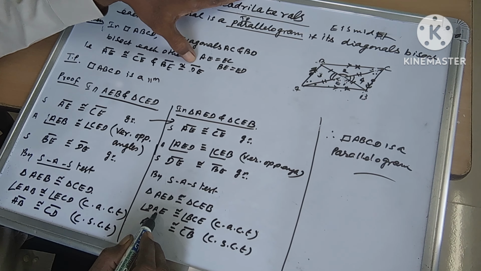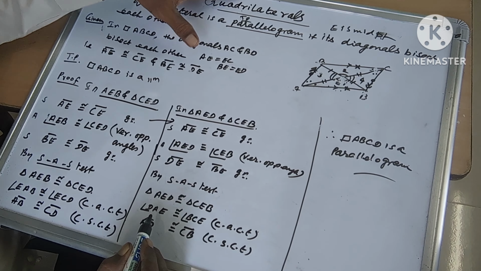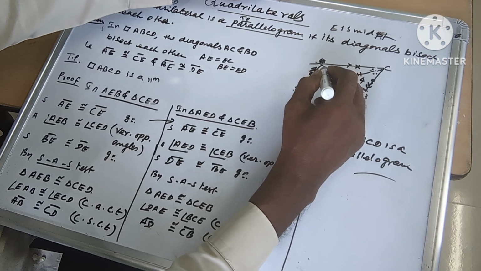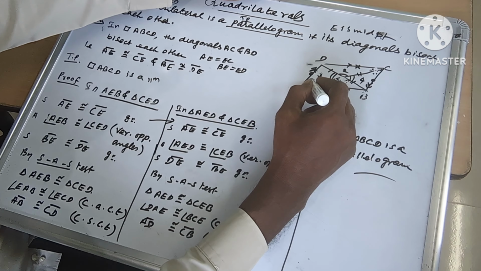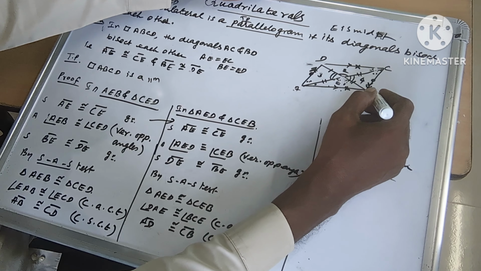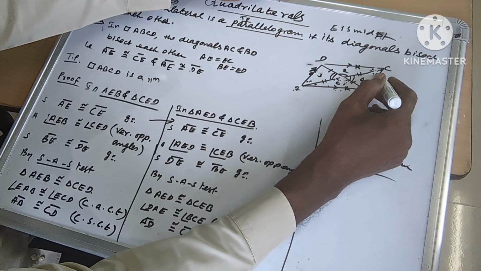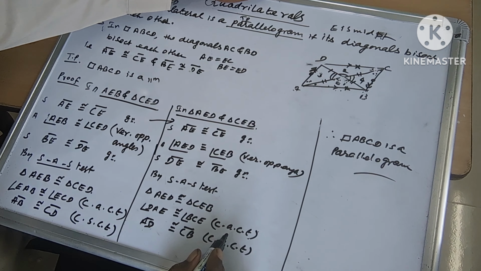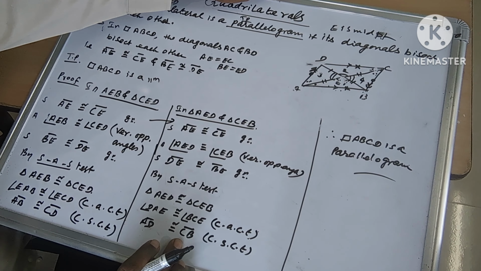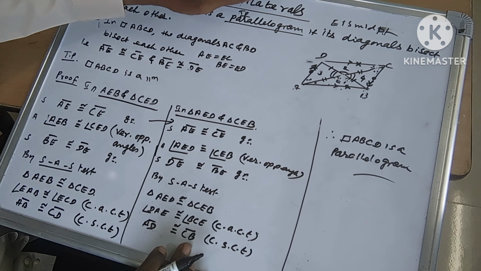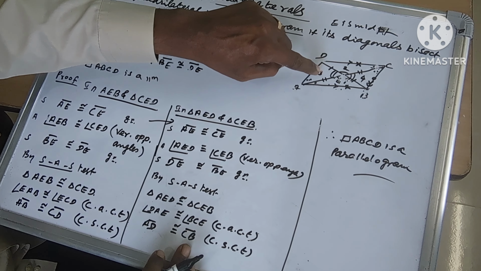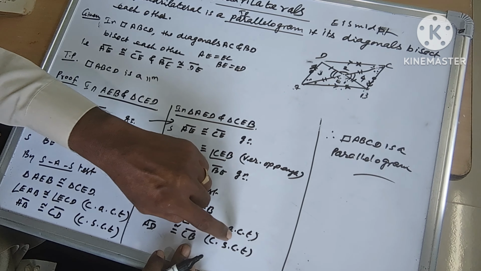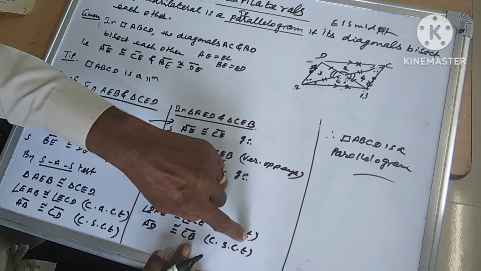Therefore, the double dot angles DAE and BCE are congruent. Therefore AD is congruent to CB, because corresponding sides of congruent triangles are congruent.